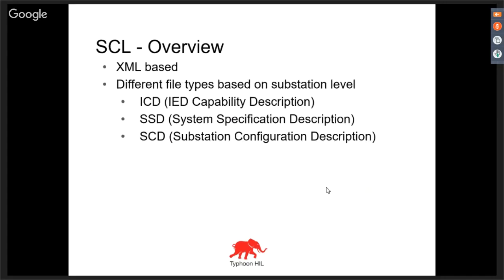So we have an ICD file, IED capability description, an SSD file, system specification description, or SCD files, substation configuration descriptions. These files are important, and we'll see in a minute why.